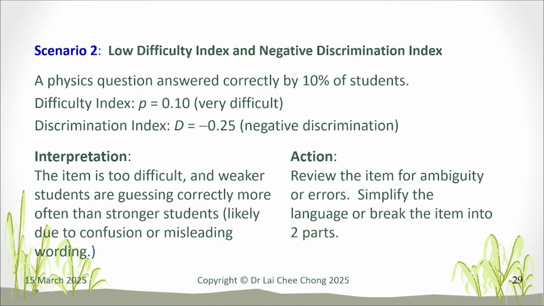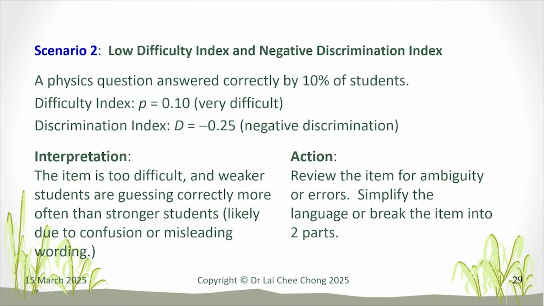Number 2, you have a very low difficulty index but a negative discrimination index. Let's say I take a physics question that only 10% of the students can answer correctly. That means the difficulty index is 0.1. It's a very difficult question. And the discrimination index is negative.